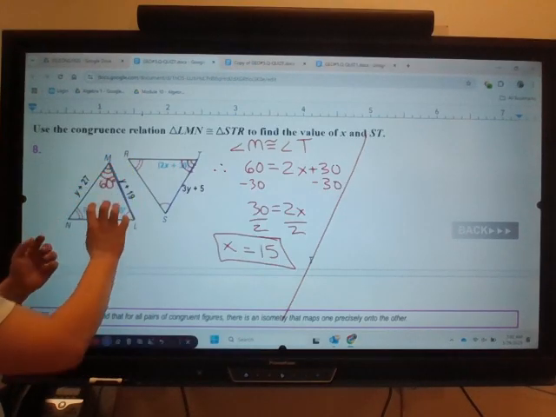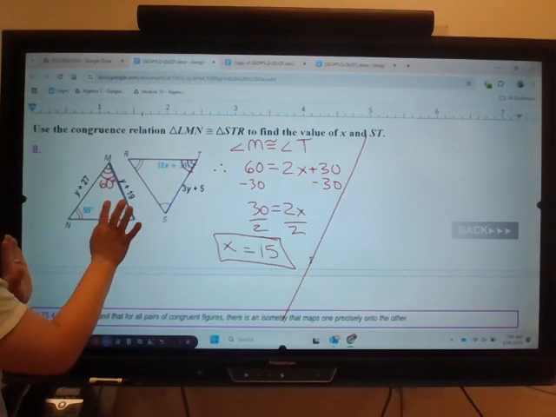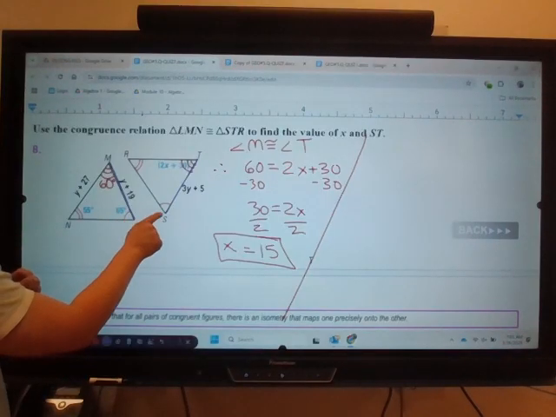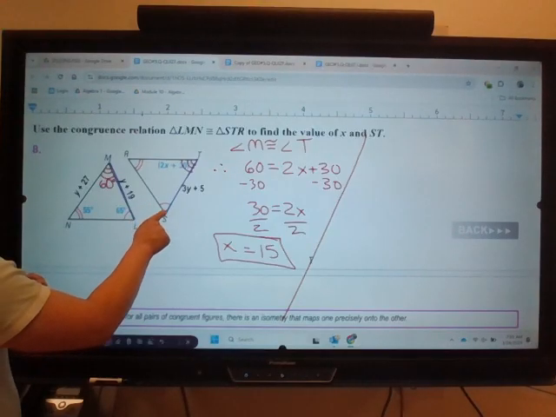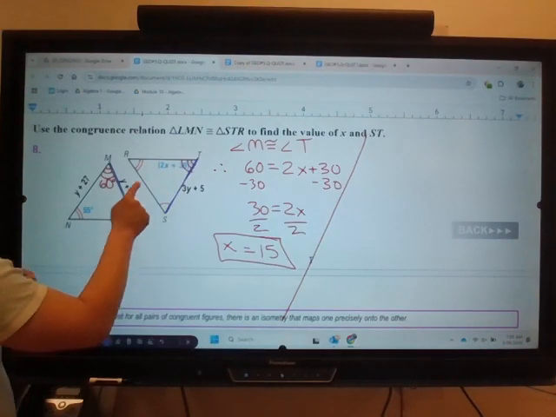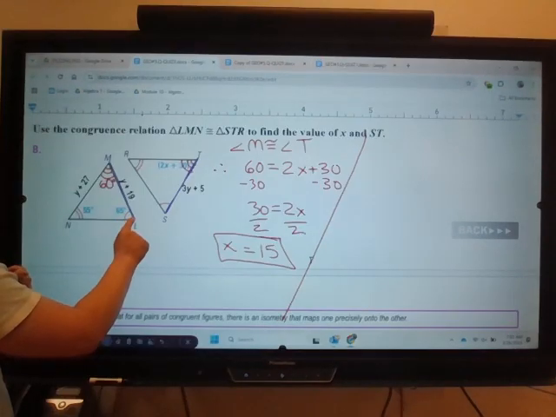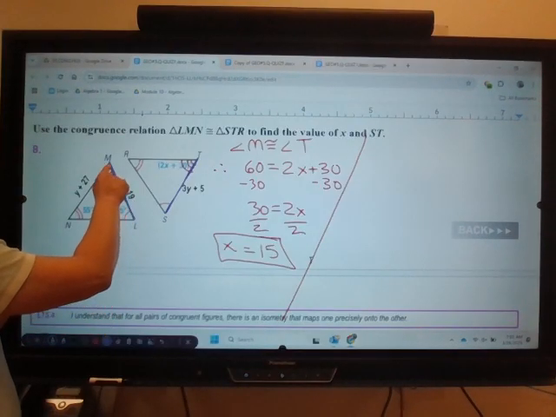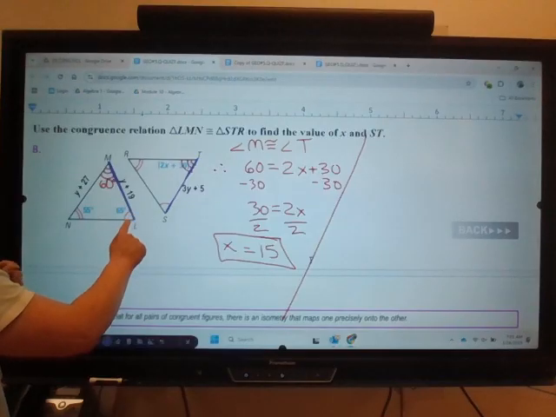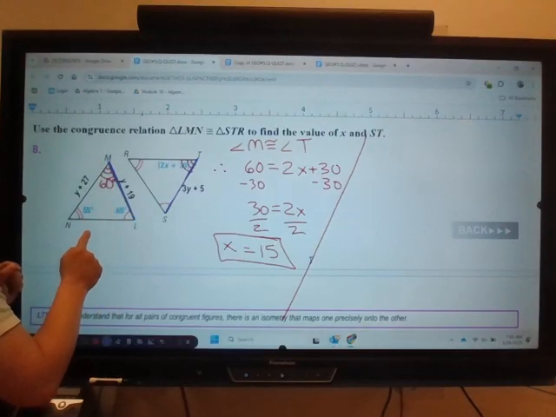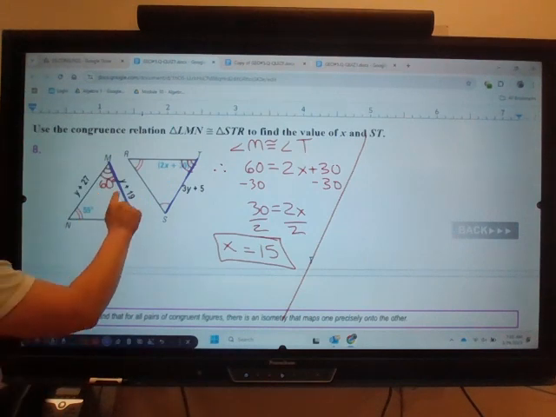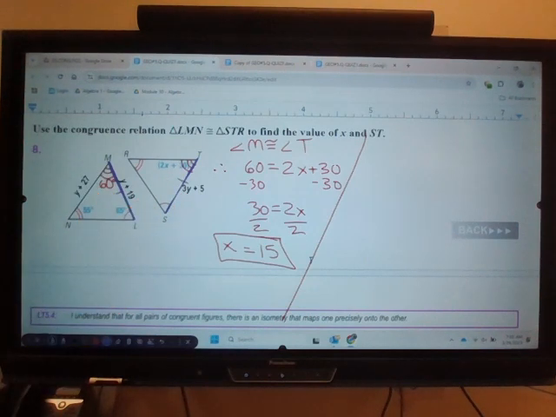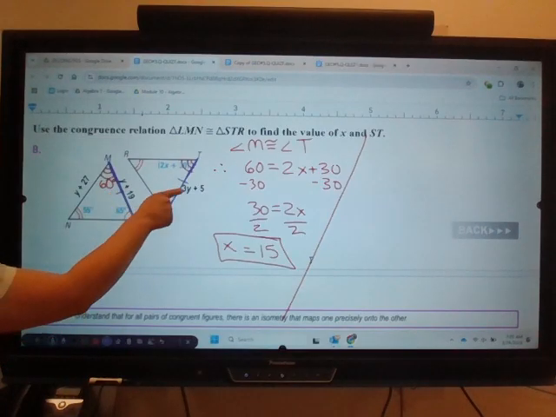I don't need to rotate anything. I don't need to visualize this to know that from angle 1 to angle 3, or S to T, that's congruent to from angle 1 to angle 3, from L to M. Due to these congruence markers here, I know that these two segments are congruent as well, meaning I can set them equal to each other.